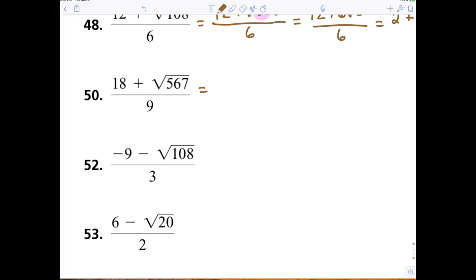Does 567 divide by 4 evenly? You should all be able to say, no, it does not, because in order to divide by 4, it's got to be an even number. Okay? So instead of 4, what's the next perfect square? The next perfect square after 4 is 9, because 3 times 3 is 9. 2 times 2 is 4. So now I need everybody to take 567 and divide it by 9.